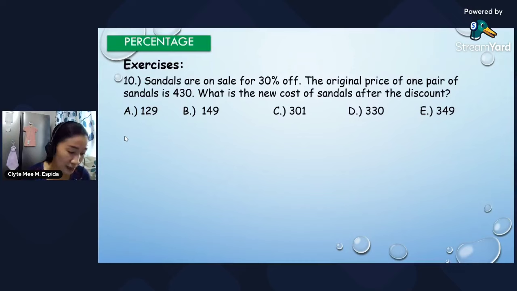Is that right, Sir Ethan? 73 divided by 125, 0.584. Then move the decimal point to the right twice. So it should be 58.4%. Sir Ethan, you fell short in moving the decimal point.